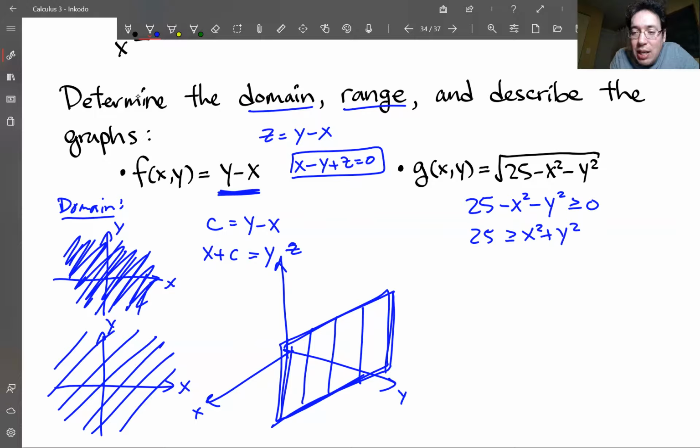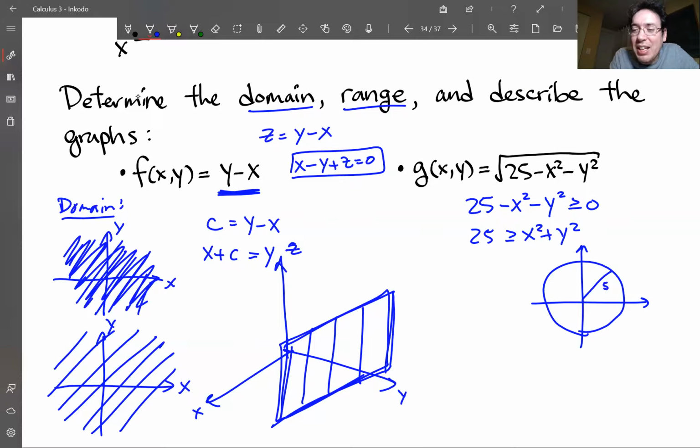If we look at this as equals, x squared plus y squared equals 25, that's an equation of a circle of radius square root of 25, so that's 5. So at least the boundary of the domain is the circle of radius 5.